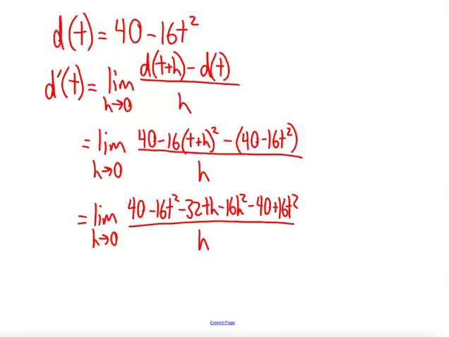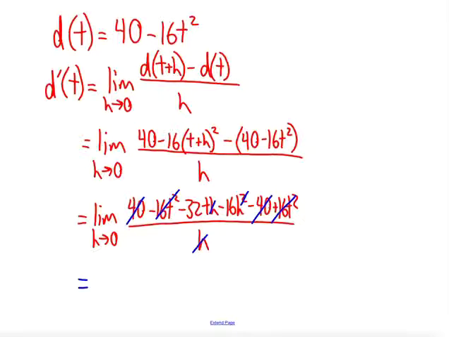And now what happens? Negative 32t. Oh, when you completely simplify, yes. Notice here the 40s cancel out, the 16t's cancel out to 0. The only things left have h's in them, so I can cancel out the h's. Now I only cancel out one of these two.